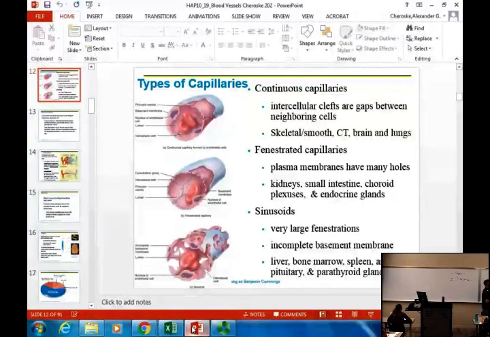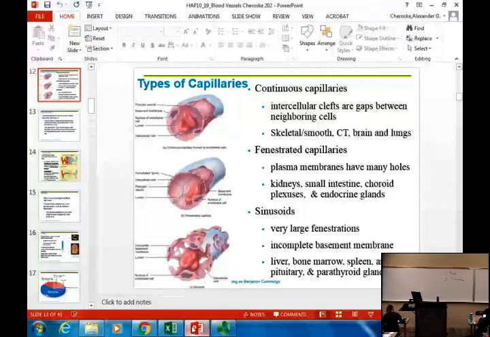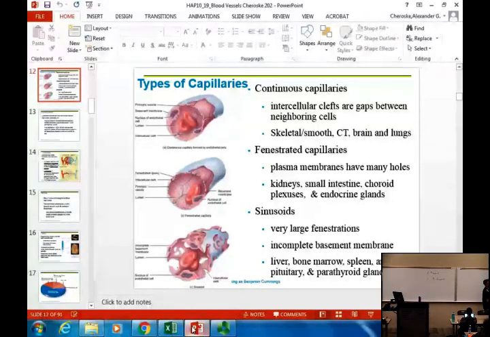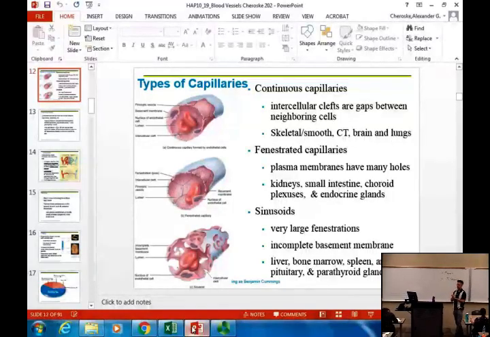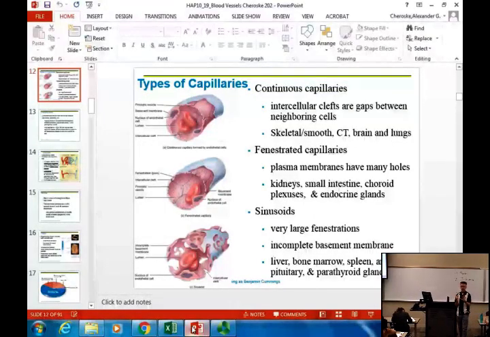Venules, which come after the capillaries, are in fact a place where some of these cells can enter and exit also, mainly exit when we're talking about white blood cells. So white blood cells, remember 5 different types of white blood cells, that's important. 5 different types of white blood cells, each has a different way of protecting us.